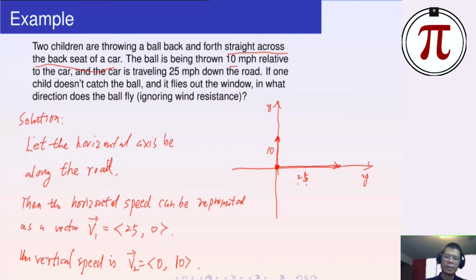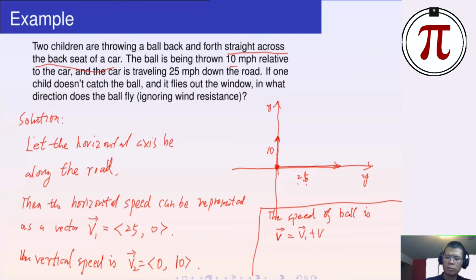The combination of these two speeds is going to be the summation of these two, right? So the speed of the ball is V equals V1 plus V2.